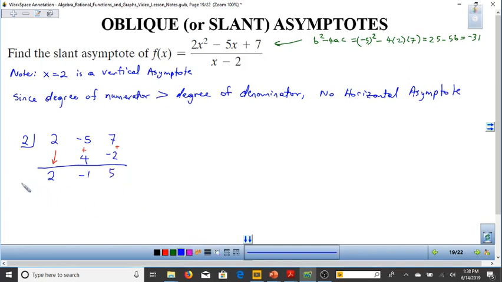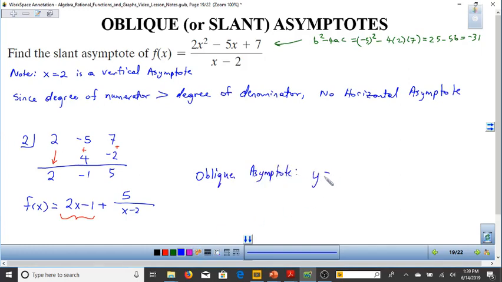So the expression can be written as 2x minus 1 plus 5 over x minus 2. This here is what tells me my oblique asymptote. So the oblique asymptote is y equals 2x minus 1, which is the quotient after we do division, either long division or synthetic division.